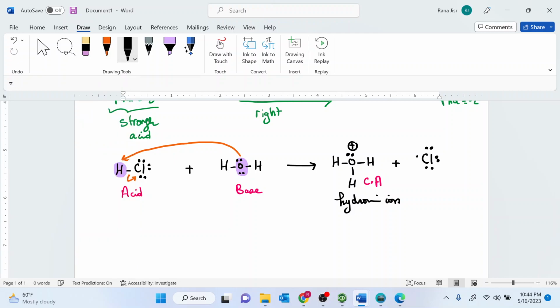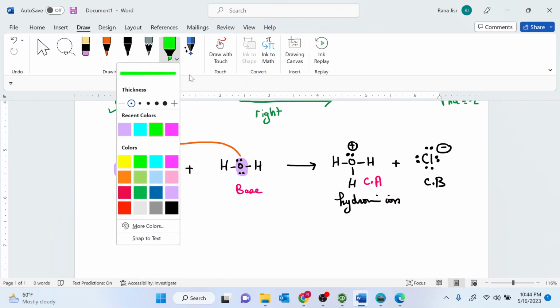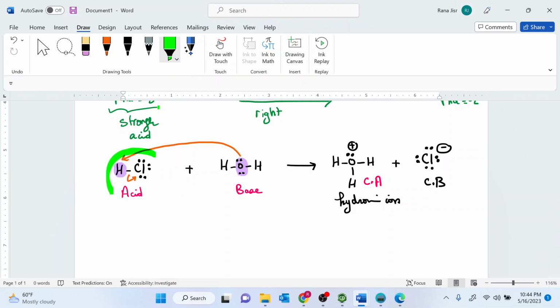I added an extra lone pair on the chlorine, so it's fully charged now, and that is a negative sign. So definitely it's going to be my conjugate base in this case.